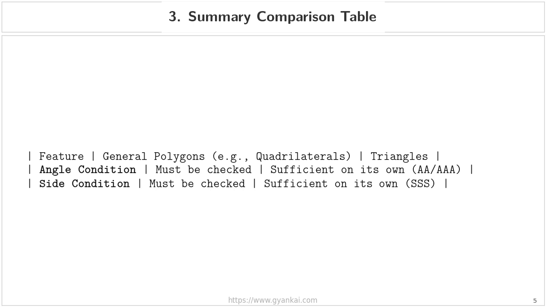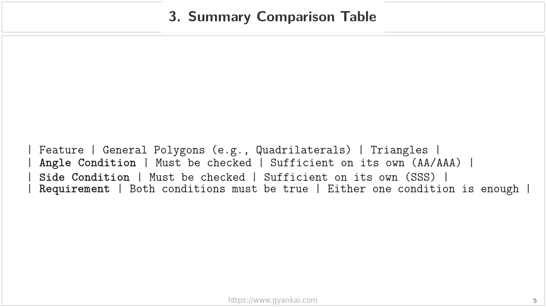Moving down to the second row, let's look at the side condition. Again, for general polygons, you must check that the sides are proportional. But for triangles, the side condition is also sufficient on its own. If you can prove the sides are in the same ratio, what we refer to as SSS, the angles will follow automatically. Finally, looking at the requirement row, this summarizes our main takeaway.